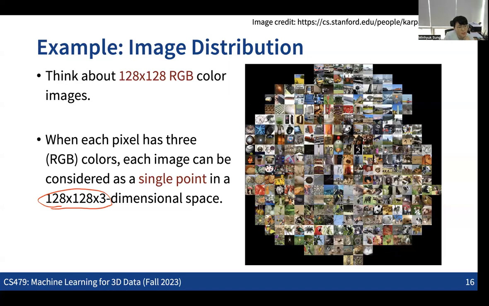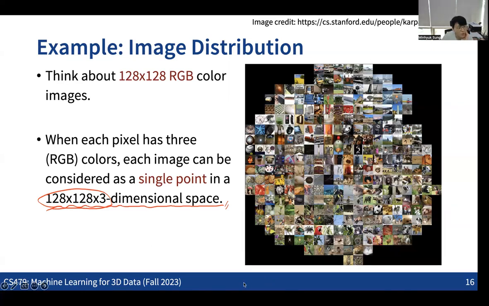So we need 128 by 128 by 3 numbers to represent a single image. Then we can consider each image as a single point in this very high dimensional space, and we have a set of points in that space.